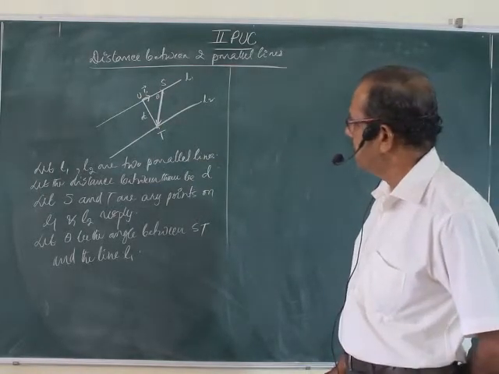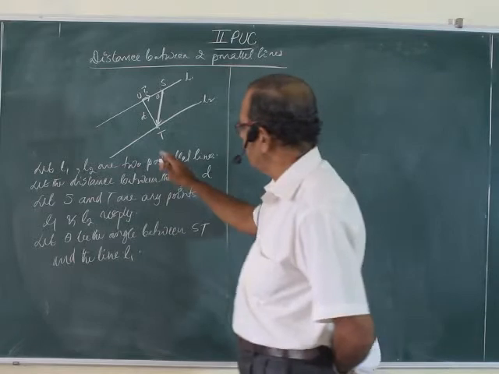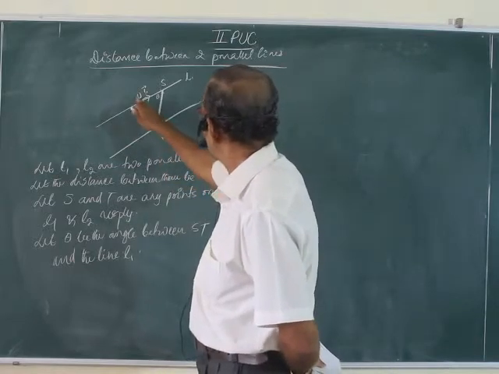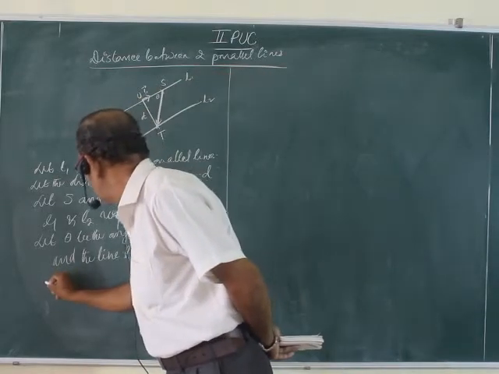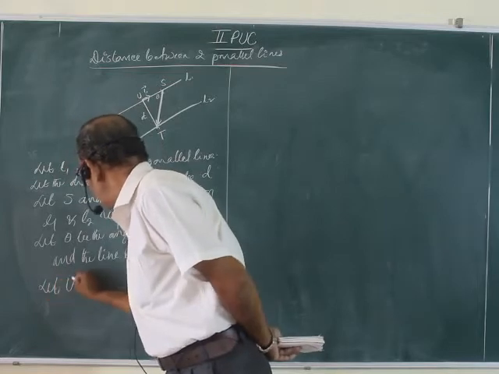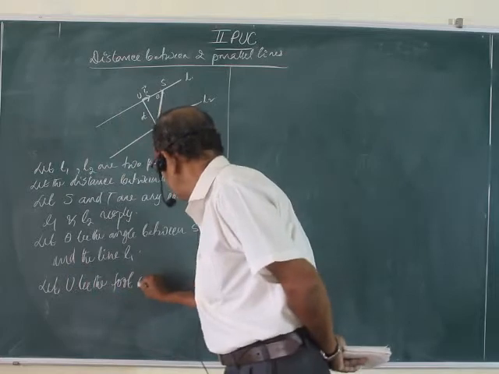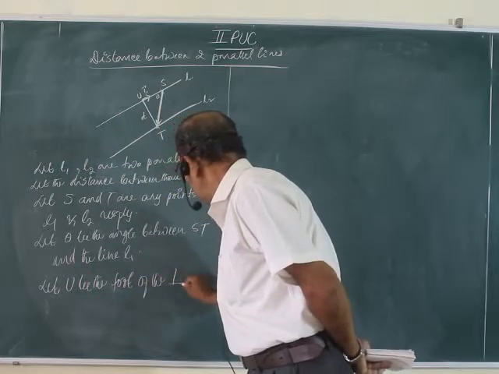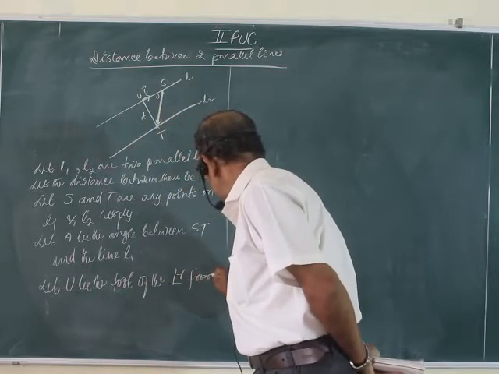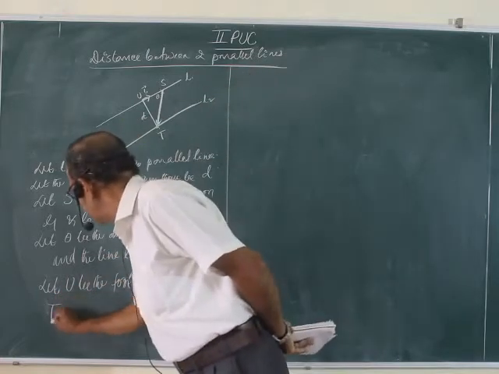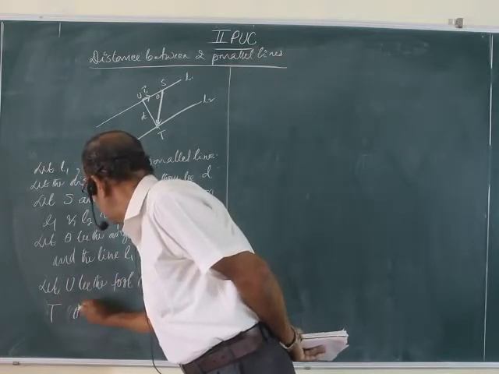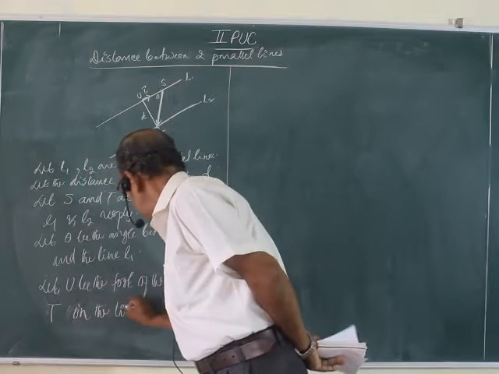Now, about U and T, let U be the foot of the perpendicular from T on the line L1.